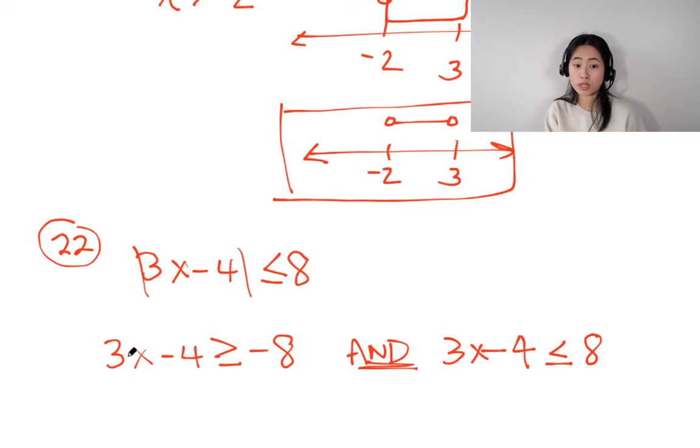Okay, so again, we're going to solve for x. So you're going to have 3x on the left side greater than or equal to -8 plus 4, which is -4. Dividing both sides by 3, you're going to get -4 divided by 3.